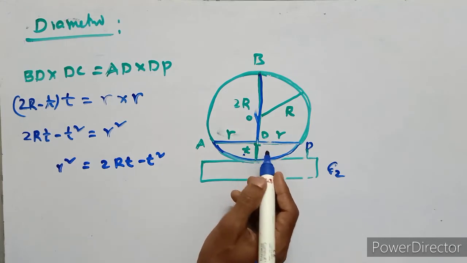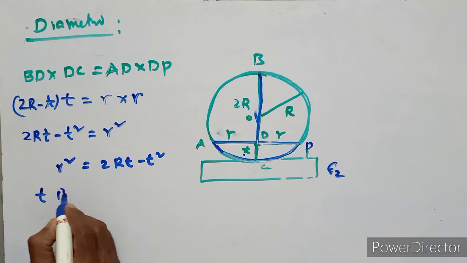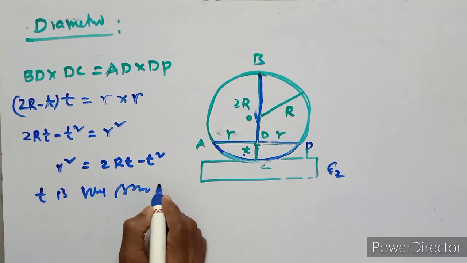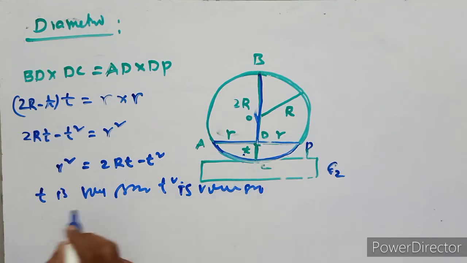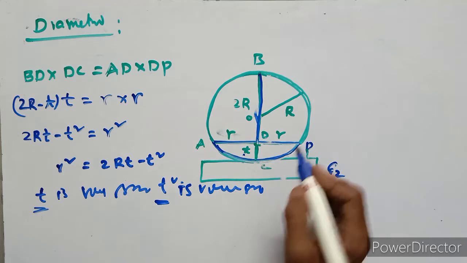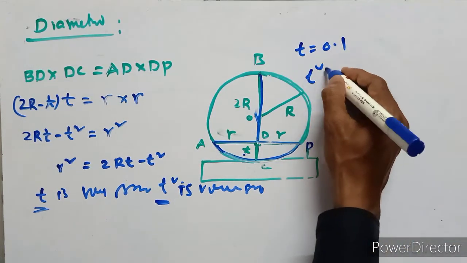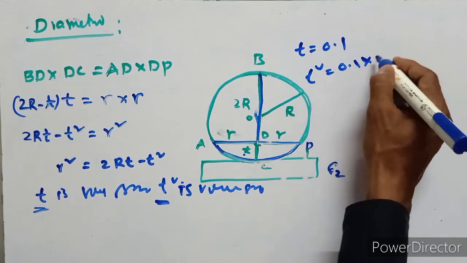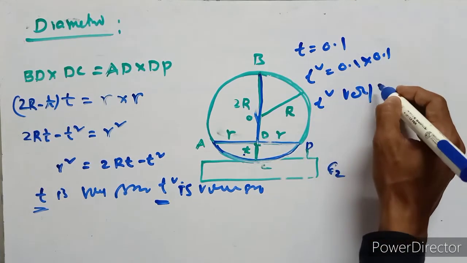If the thickness is very small, that means T is very small, then T square is very small. For example, if T is equal to 0.1, then T square is 0.1 into 0.1, which is 0.01, a very small value.